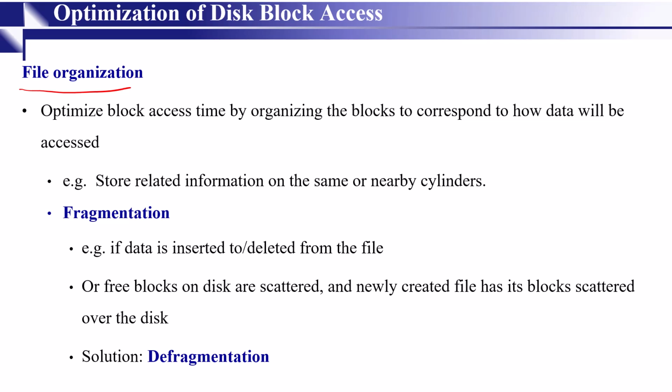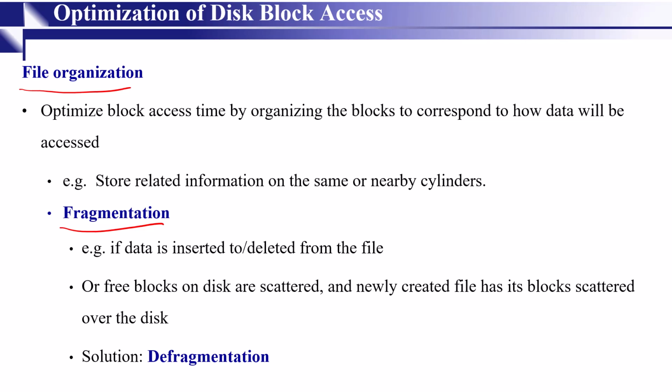However, over time, as data is inserted into or deleted from files, fragmentation occurs. This means that free blocks on the disk become scattered, and when a new file is created, its blocks may end up being spread out across the disk.